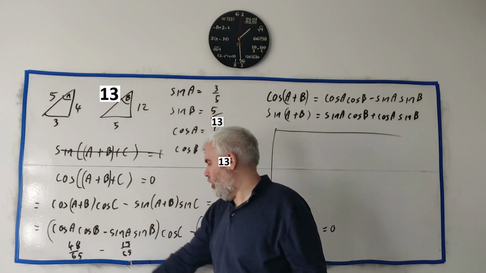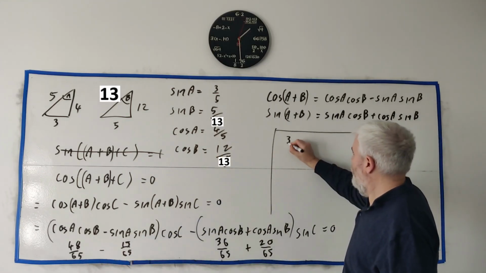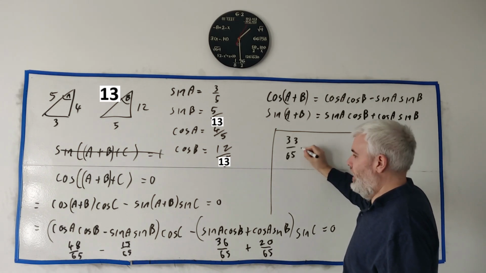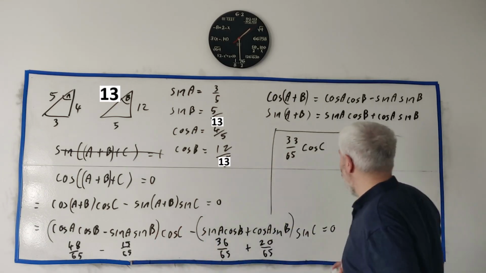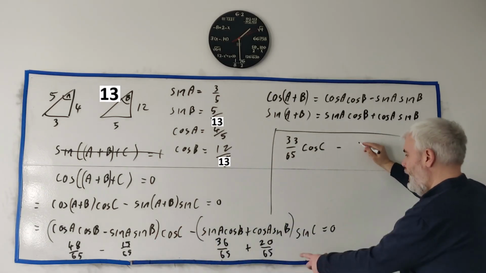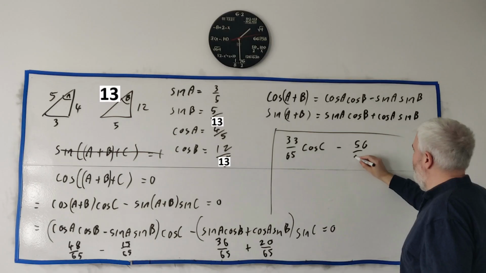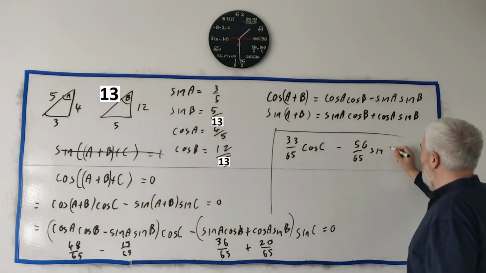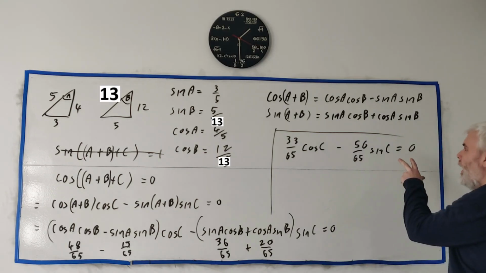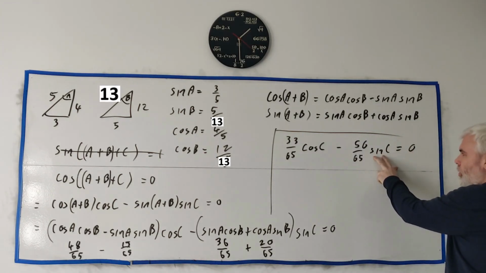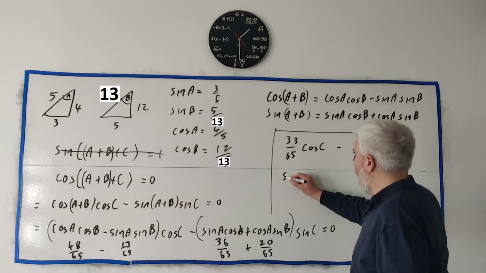This would become 33 over 65 times cosine C. That's all that becomes, minus, this is 56 over 65 sine C, and that equals 0. We can get one of these on their own. Let's get sine C on its own.